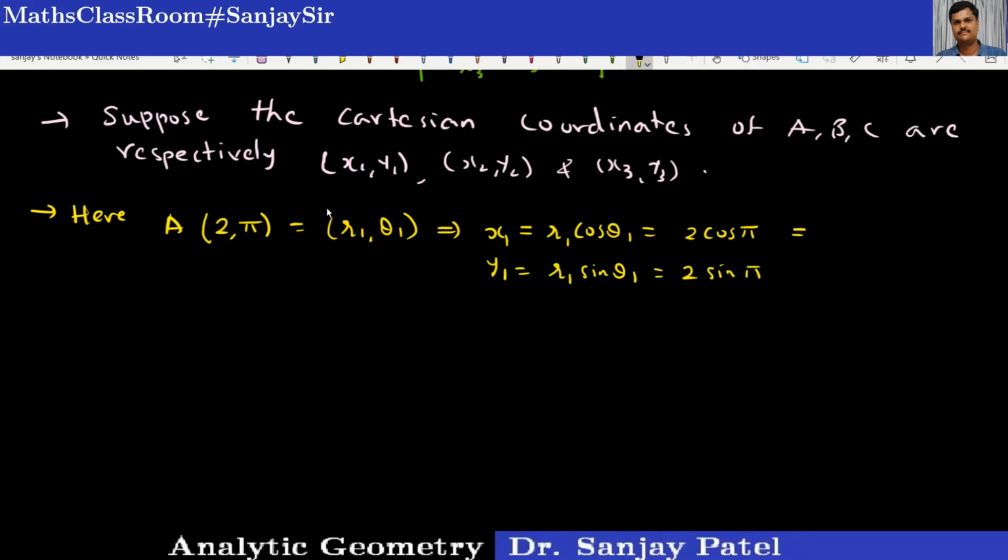This value is minus 2 and this value is 0, because cos pi is minus 1 and sin pi is 0. So for the point A, the Cartesian coordinates x1, y1 are minus 2 comma 0.